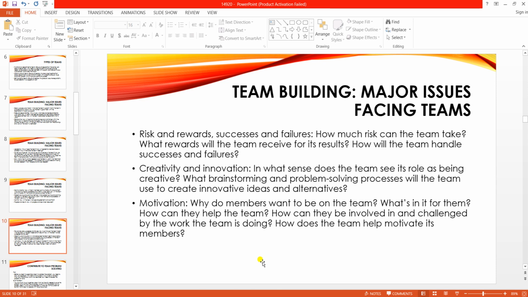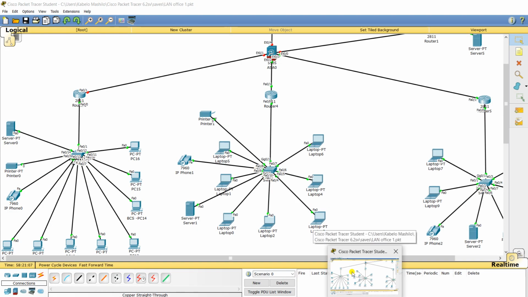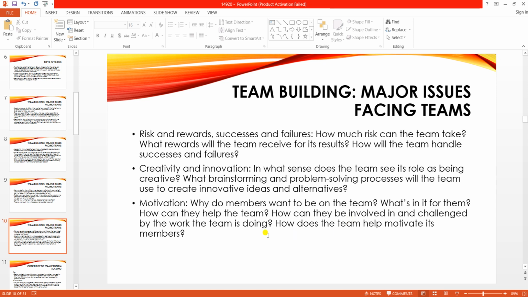In most instances, team building also assists, because sometimes you may find in the networking area, you may have a problem that is complex, and now it needs people from external to assist. So that can also demoralize the team members.